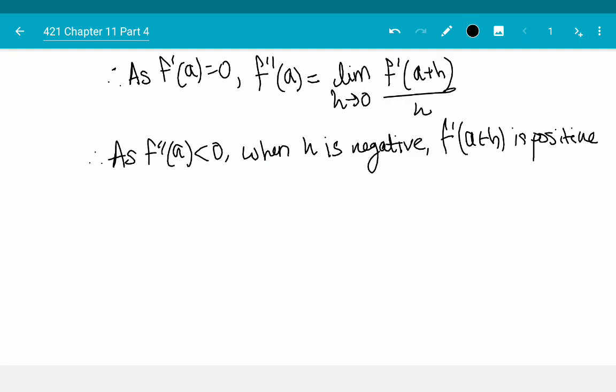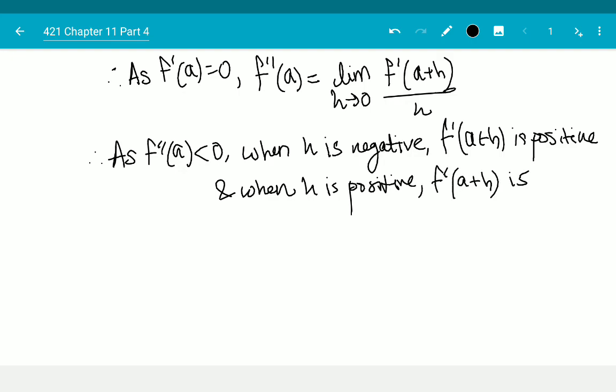And when h is positive, f prime of a plus h is negative.